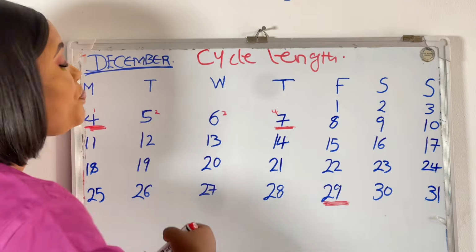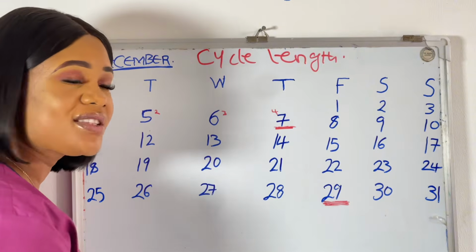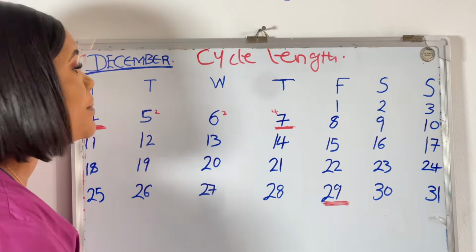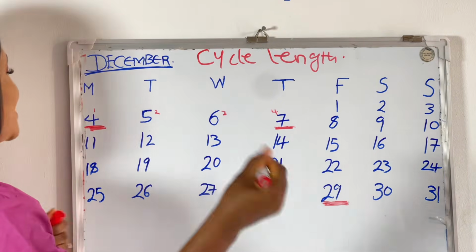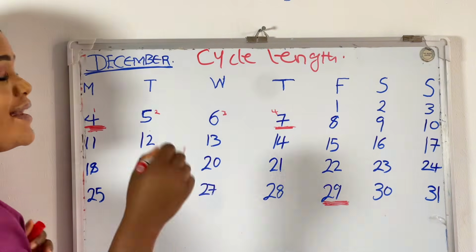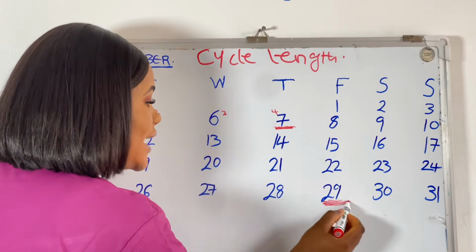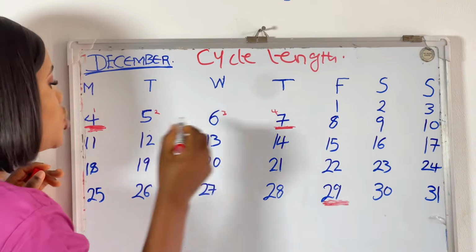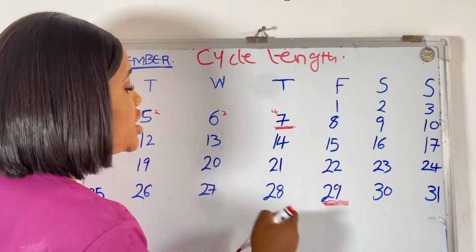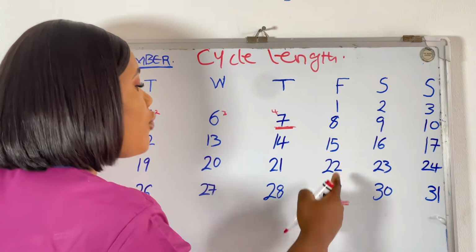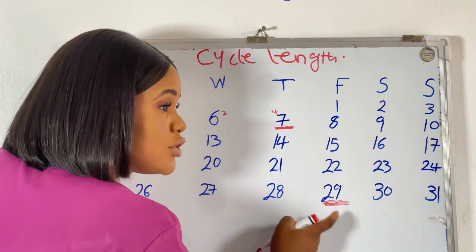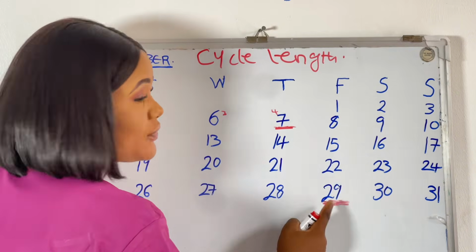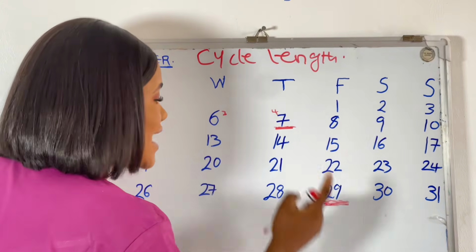I didn't say the day you are seeing your next period. I'm talking about a day before your next menstrual cycle. Remember I started seeing my period on the 4th, and my next period appeared on the 29th. So I'm going to calculate from the 4th to the 28th, which is a day before my next period appeared, or a day before I started seeing blood, which signifies that my next menstrual cycle has begun.